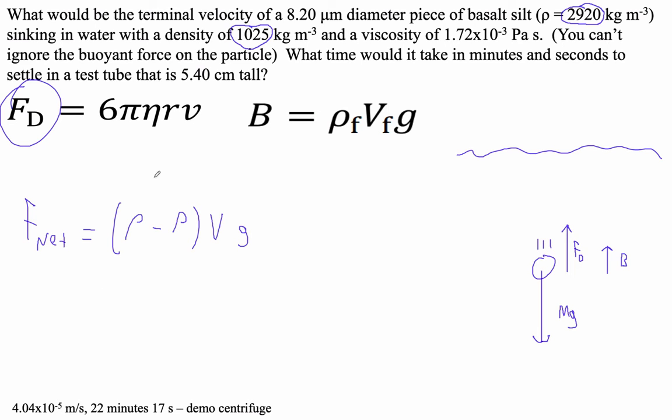If it's a sphere, we would say the density of the basalt minus the density of the water, times the volume of this little sphere, times g, and that's going to equal this drag force here, 6 pi viscosity r v.